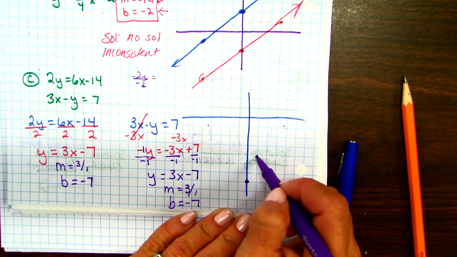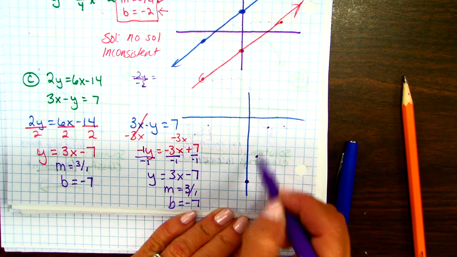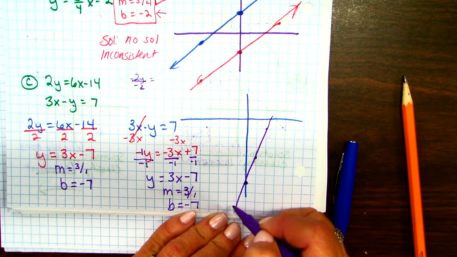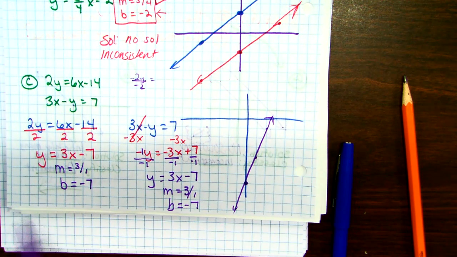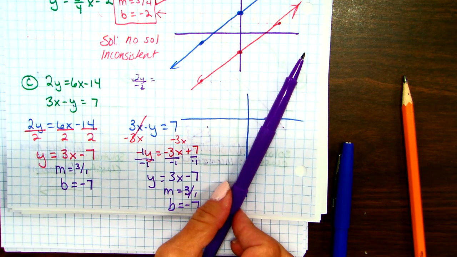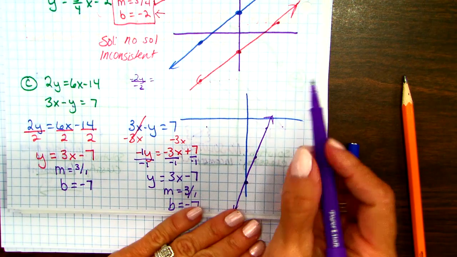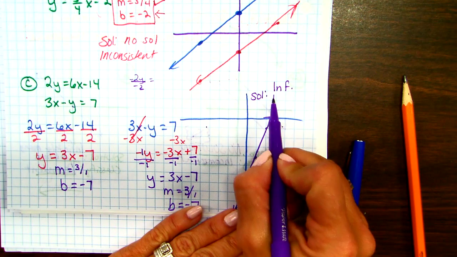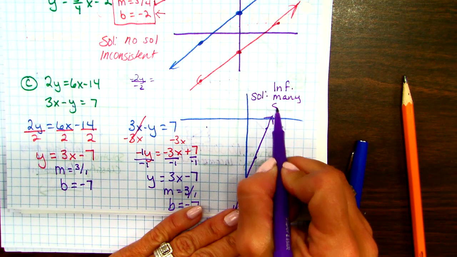Up 3, right 1, up 3, right 1. And if we graphed this one, it would be right on top of it, right? So the solution to this one would be infinitely many solutions.